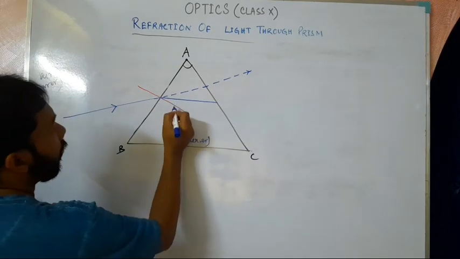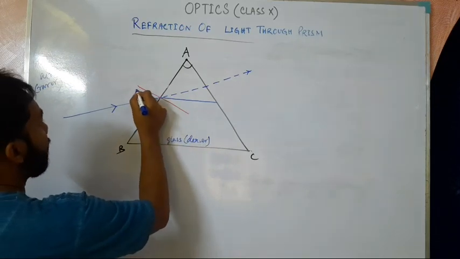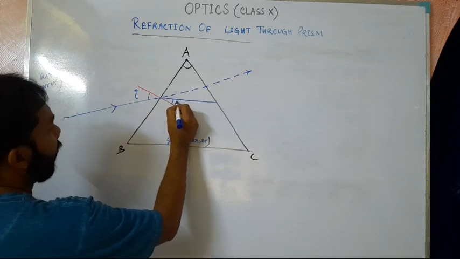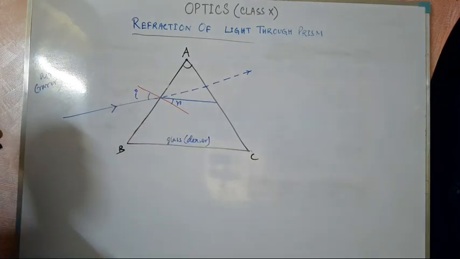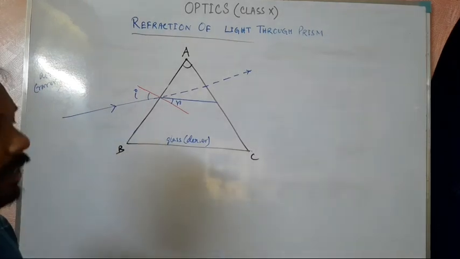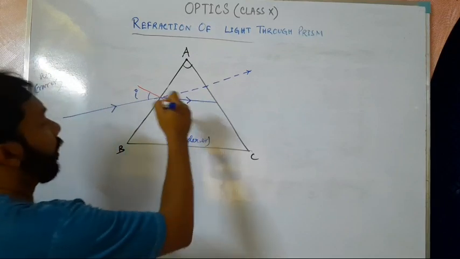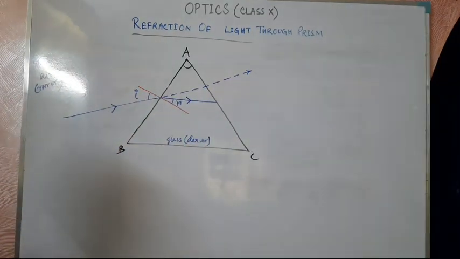It has bent. So from definition, this is the angle of incidence and this is the angle of refraction. The angle made by the incident ray with the normal is called the angle of incidence, and the angle made by the refracted ray with the normal is called the angle of refraction.